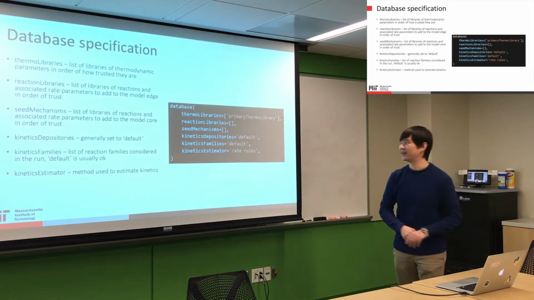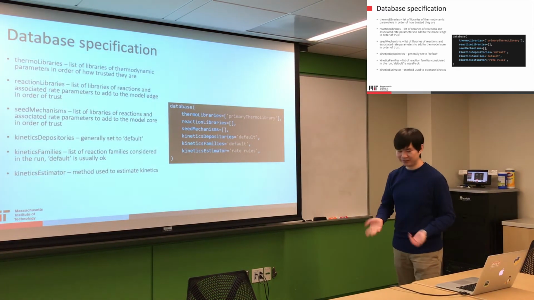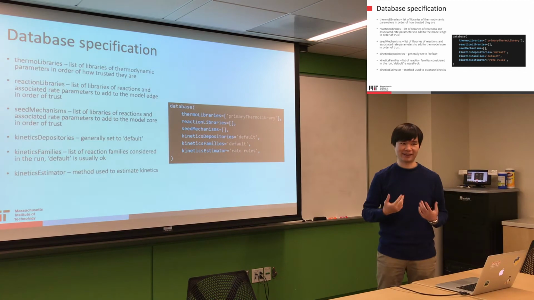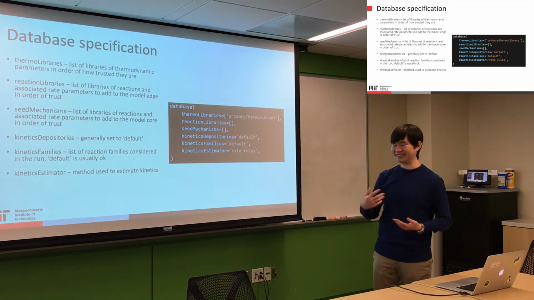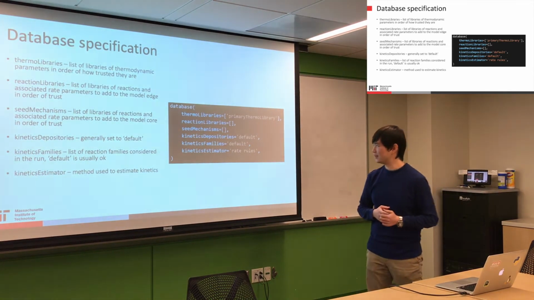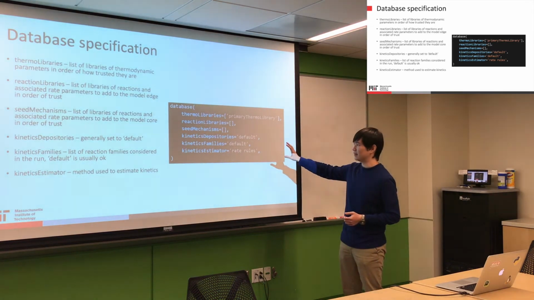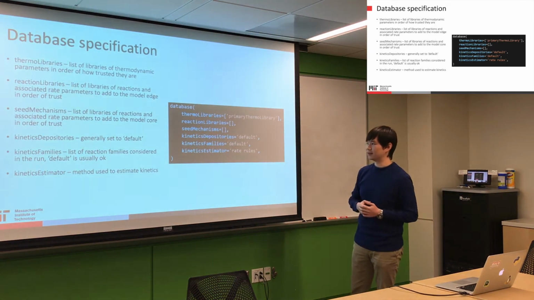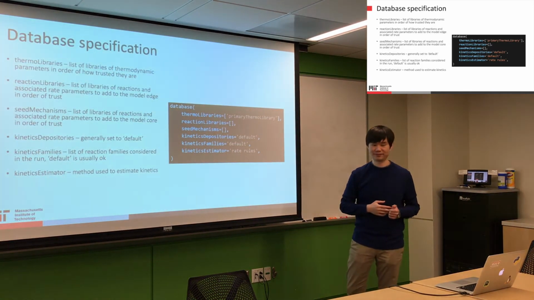Okay, so now getting to the actual input file. The RMG input file is actually a Python syntax file, which is something that we're looking to change, but as of now, it's still this way. As you can see, this is the database block, and this applies for all of the sections we'll be talking about: it's basically a Python function call.